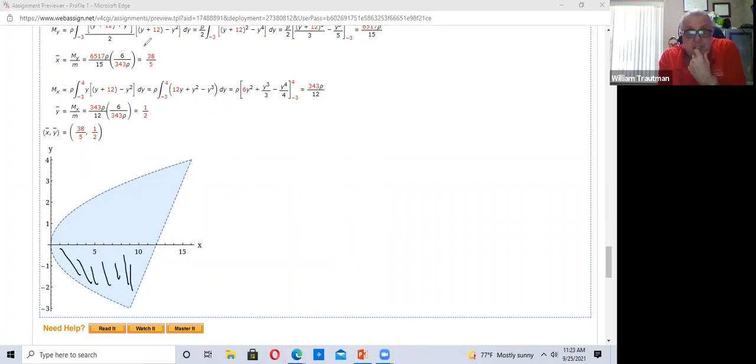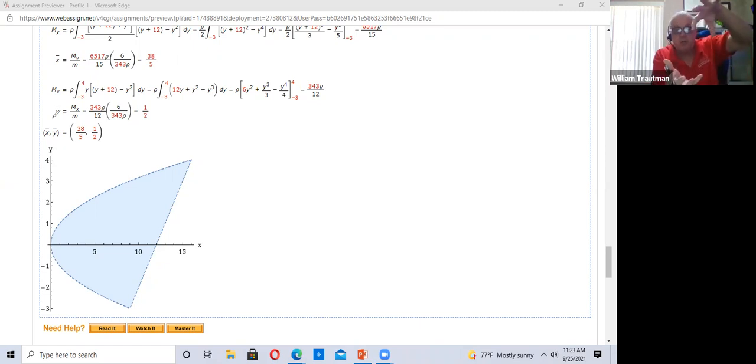Then the only option is to rotate this around to the left. We're going to take this with respect to y, because now the y-axis is your bottom axis. You can even call it your x-axis.